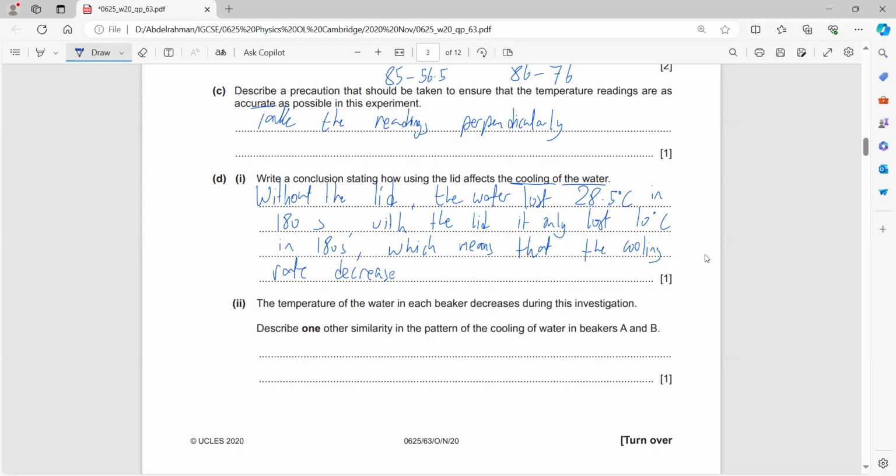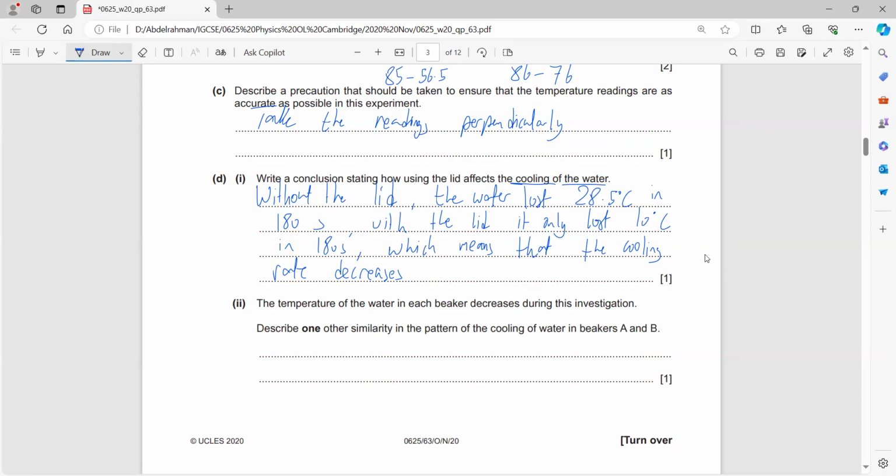What do I mean by saying that the cooling rate decreases? It means that it loses less energy, less temperature, in the same amount of time. If I say that the cooling rate increases, then it will lose more energy and the temperature will be even less.